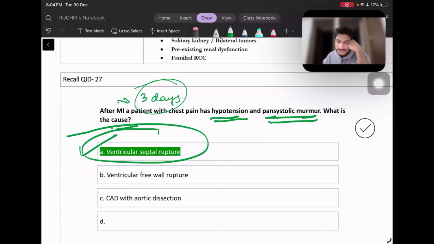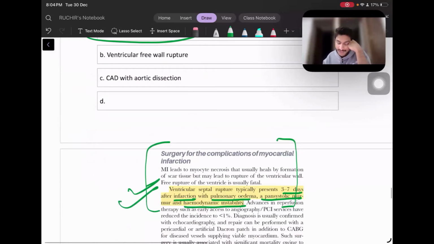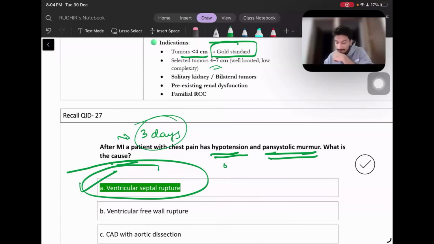Electromechanical dissociation, was it in a different question or the same question? Please let me know. Okay, I think in the recall there is another question of cardiac tamponade. I think that was the case.